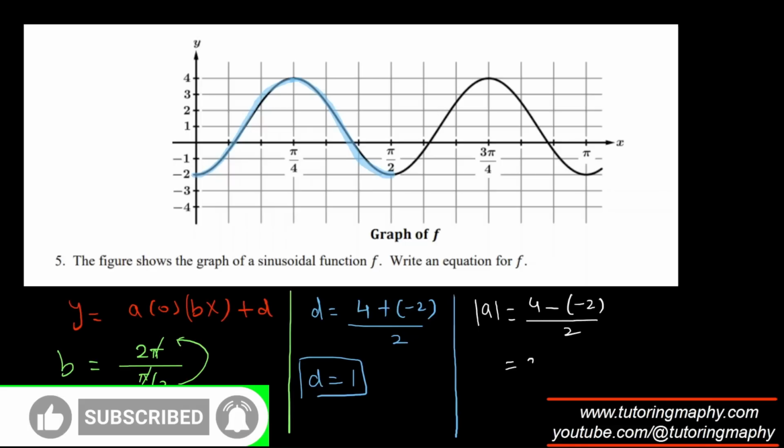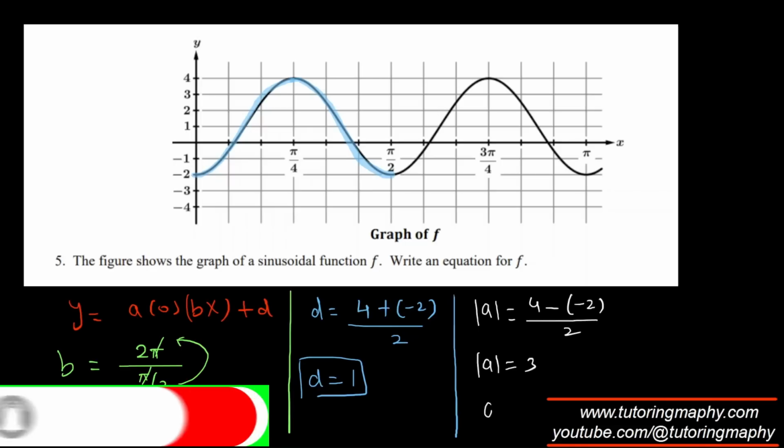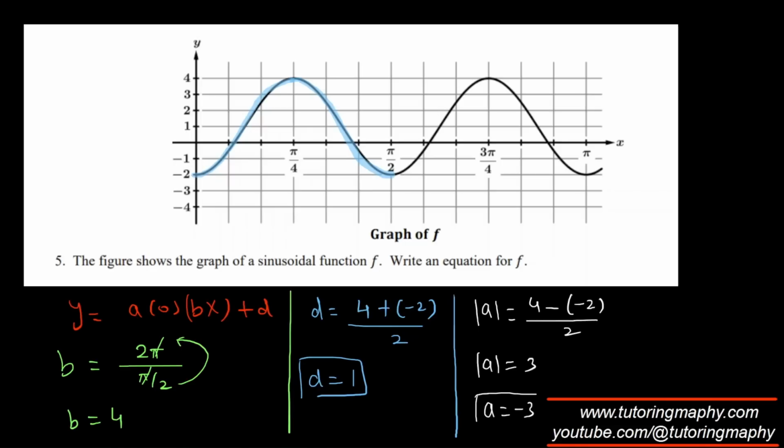So 6 over 2 is 3, and I should then take a as a negative value, which is negative 3. And that's about it. The equation is going to look like y is equal to negative 3 cos of 4x minus 1. So that is the final answer.